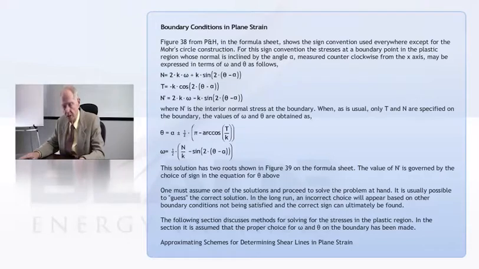The situation is now that we've taken a material, we've said it's rigid, plastic, of course it's incompressible, and we've worked out the equilibrium equations, and we've come up with these two variables, omega and theta.